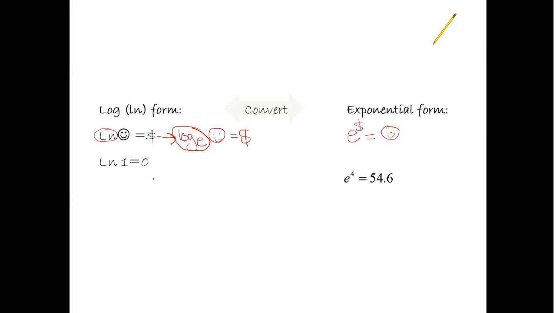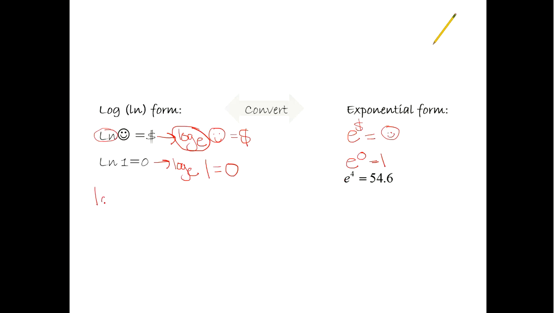Now, what about ln of 1 equals 0? I'm going to just convert that here to log base e, because remember, ln is just log base e. Then I got log base e of 1 equals 0. So I got e to the 0 power equals 1. So e to the 0 equals 1. Double check that is a true fact, because remember, anything to the 0 power is in fact equal to 1. Now let's go backwards, guys.